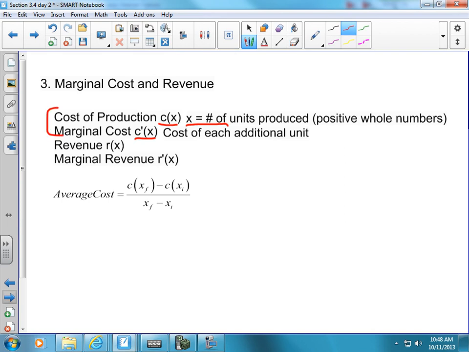All right, so these are a function and a derivative. Revenue and marginal revenue have the same relationship. The revenue that you bring in can be measured for a number of units, and then you can also measure the revenue of each additional unit by taking the derivative. Notice the average cost equation, which is just like our other average equations.